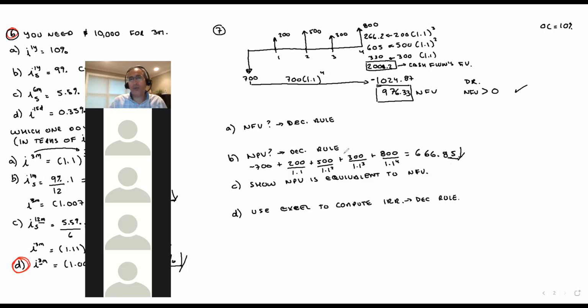So how do we show that these two are equivalent? Well, we can do either of these two things. I move the net future value to the present. So net future value to net present value is simply 976.33 divided by 1.1 to the power 4, and you should obtain 666.85. Can you please verify? Or you can go from net present value to net future value. What you do is you compound. So 666.85 times 1.1 to the power 4, and then you should obtain 976.33.